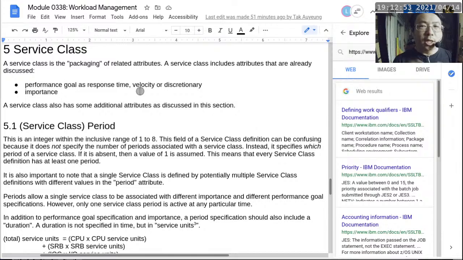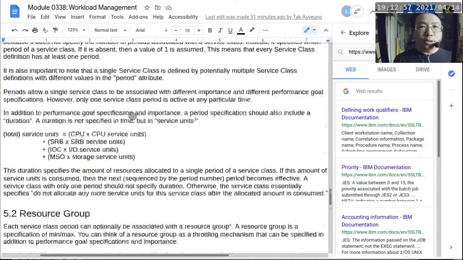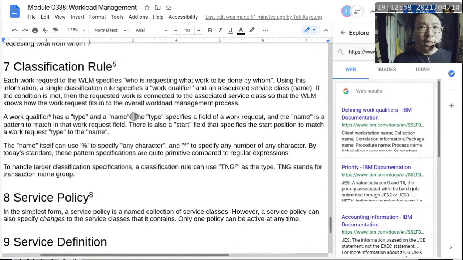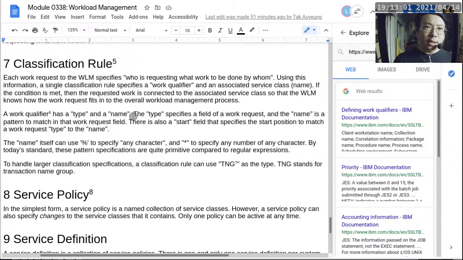Is it important? And so on. So the classification rule is just a way to make that connection between the work that is coming in and what we should be using to look at the importance and the performance goal of how that particular work request fits into the big picture.